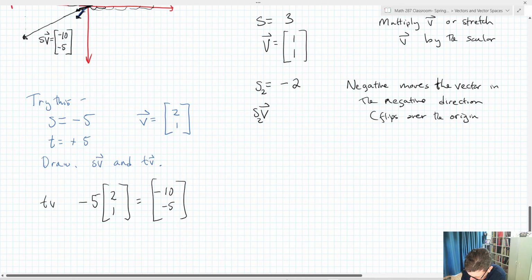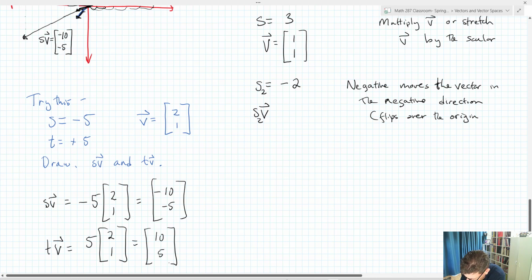And that's SV, pardon me. If I take TV, then I'm going to take 5 times 2, 1, and that ends up equaling 10, 5. And that's scalar multiplication, and that's how that works.